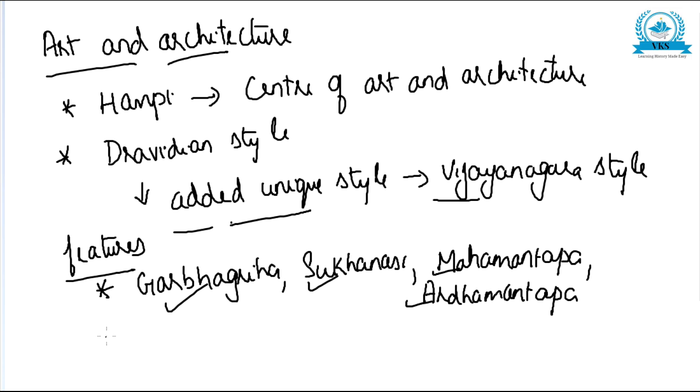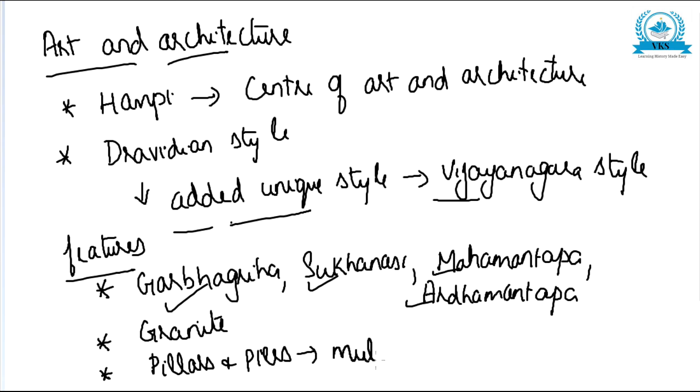That is the first feature. The second thing is that mostly granite was used for construction. Then the next feature is that the pillars and piers made will be multi-angled.